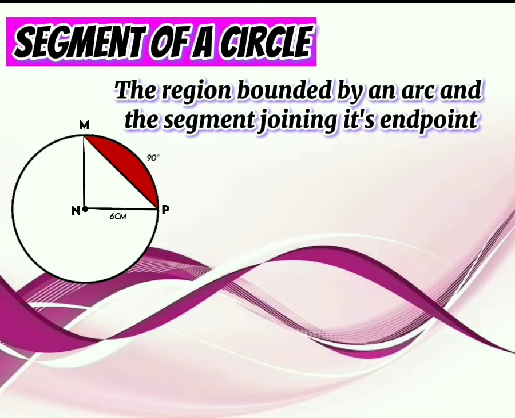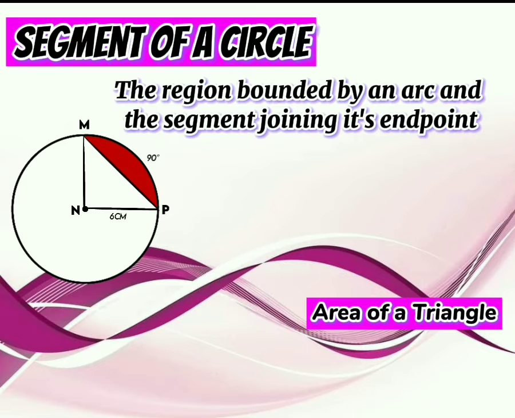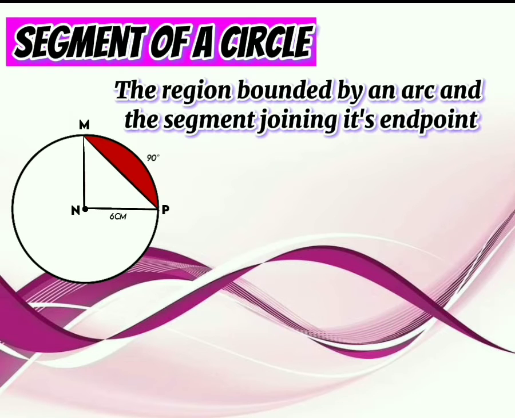So how can we get the area of a segment of a circle? First we have to get the area of sector MNP, and we will subtract the area of the triangle. The difference is the area of segment MP.